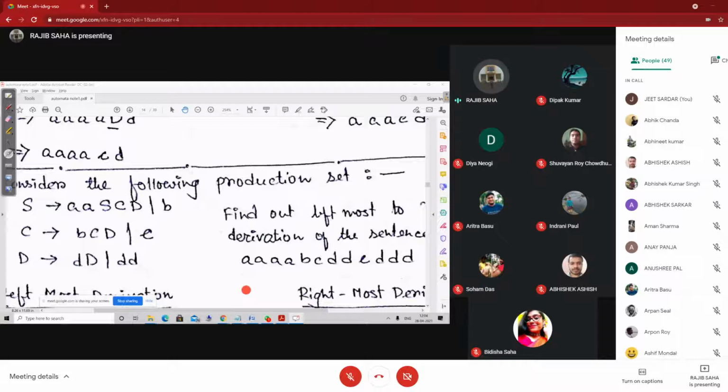Rightmost derivation and leftmost. In the second production, C tends to BCD.